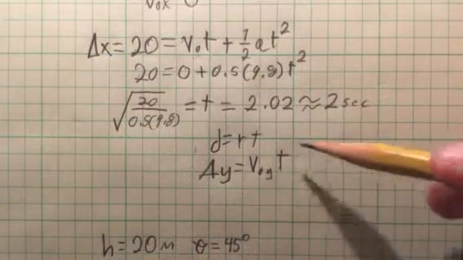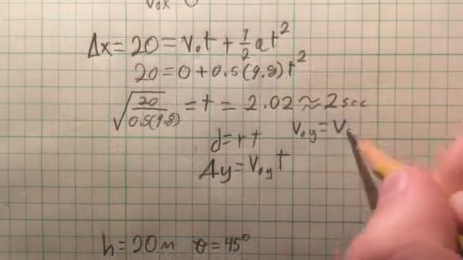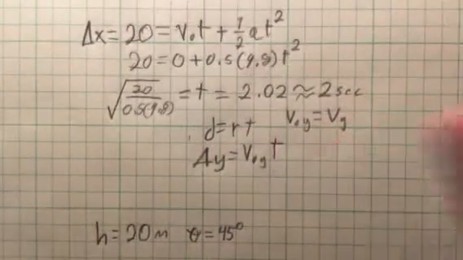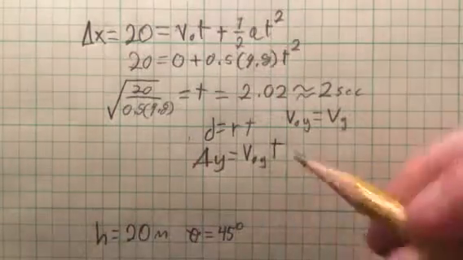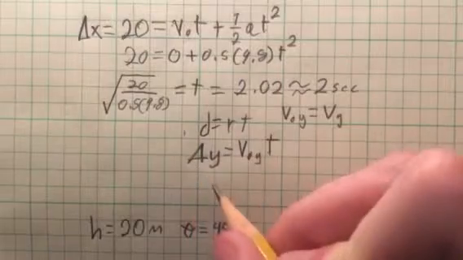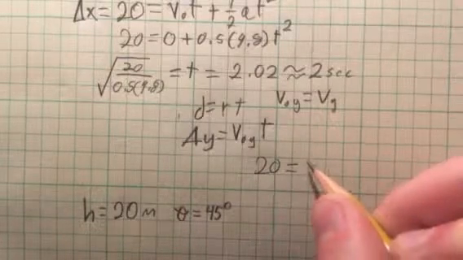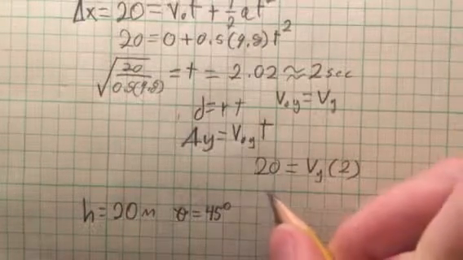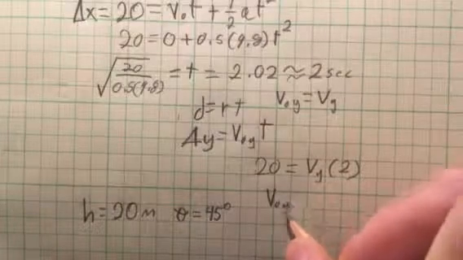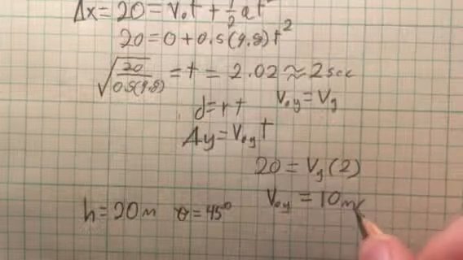So that means that our initial velocity in the y-axis is equal to the final velocity in the y-axis. We don't have to worry about acceleration because we're not accounting for things like air resistance in this kind of problem. It's very idealized. So essentially, we know that our change in y, if we look at our picture, is 20. So that's going to be 20 equals our velocity y times 2, which therefore means this ball was thrown with an initial velocity of 10 meters per second.